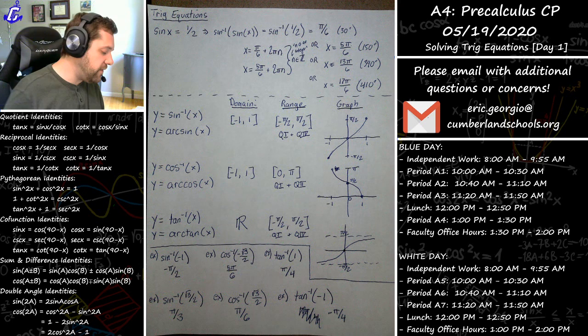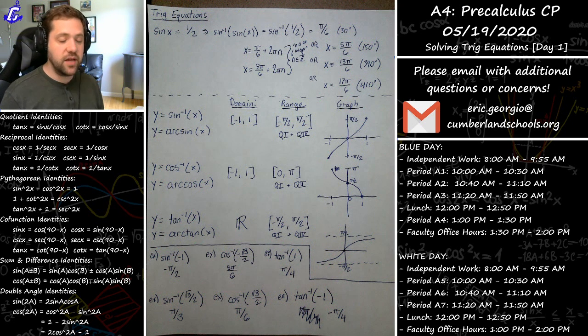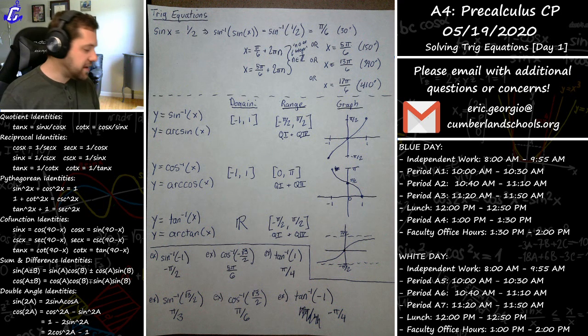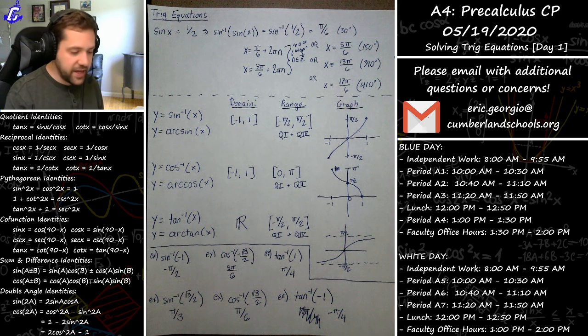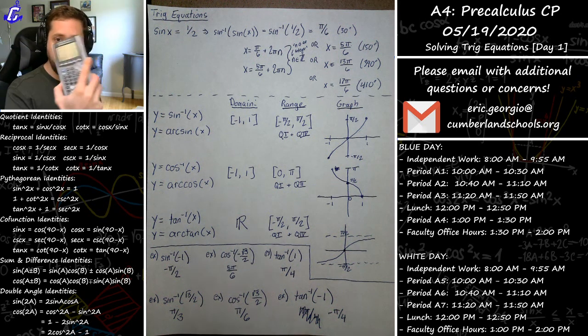So if you're given a question that says the tangent inverse of negative 1, what is that? Yes, technically, there are infinitely many angles that have a tangent value of negative 1. But the only one that is defined to be the inverse is negative pi over 4, as verified by your calculator.